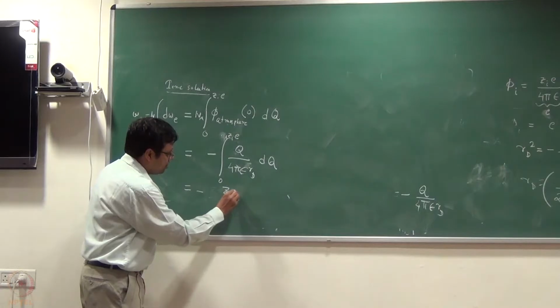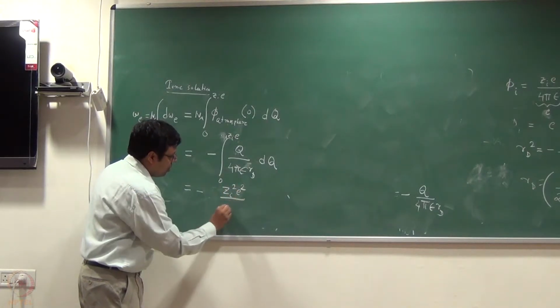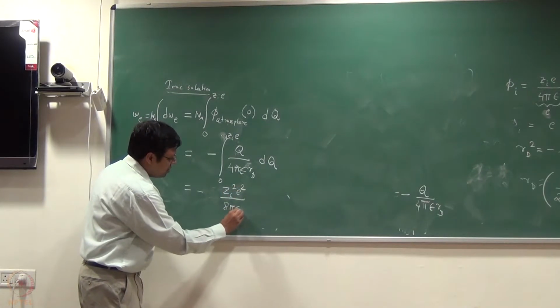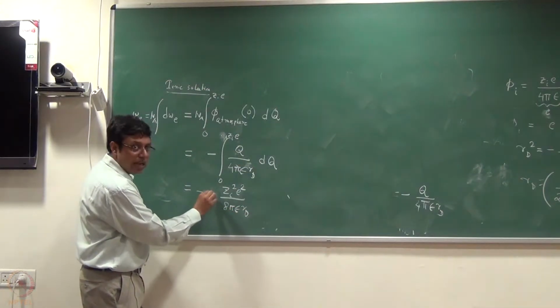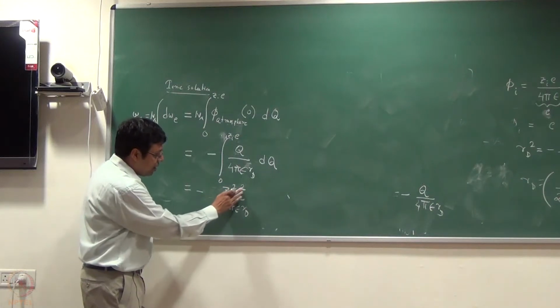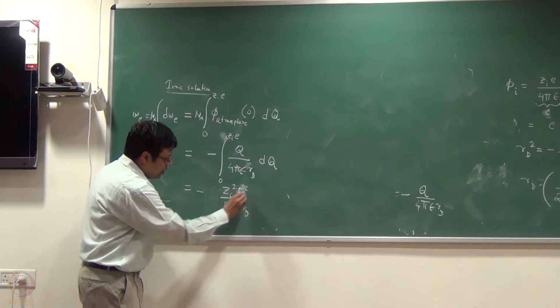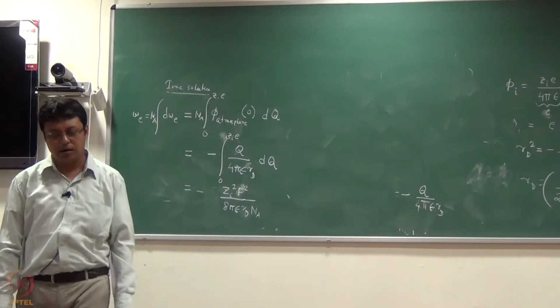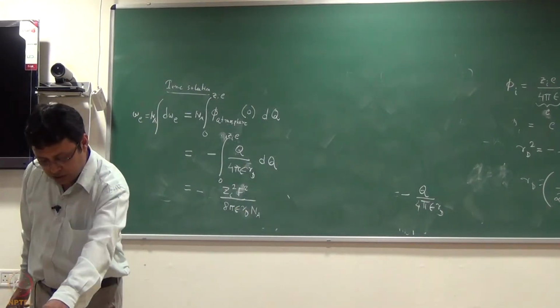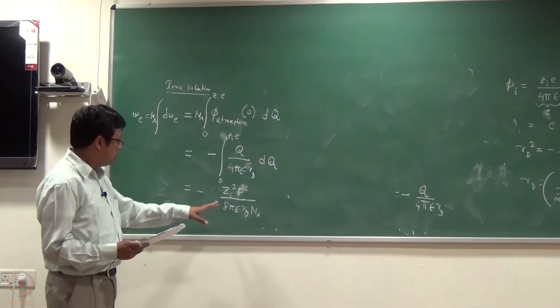So Zi square E square by 8 pi epsilon RT. There is a minus sign, and then there is a Na. That Na square F square I can write as F square, but then I have to divide by Na. Clear? So I'm kind of done.